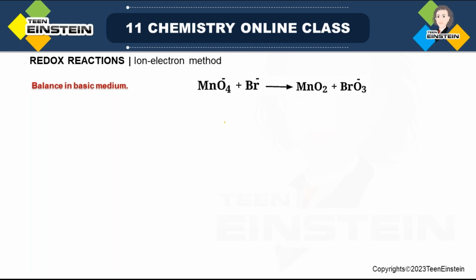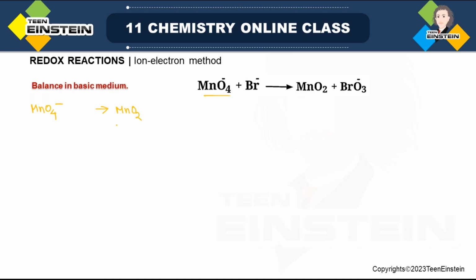So here first we have to break this into two equations individually. MnO4- is converted to Mn2+. One thing you can remember: permanganate in acidic medium is converted to Mn2+, but in basic medium, MnO2 is the final product.